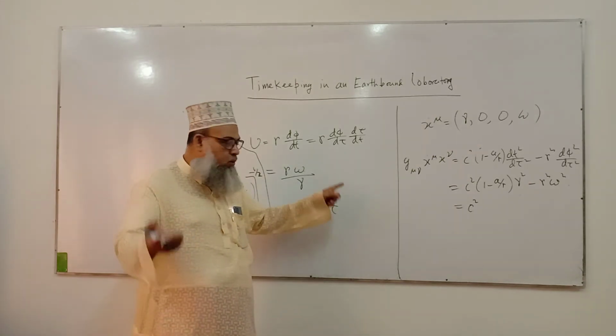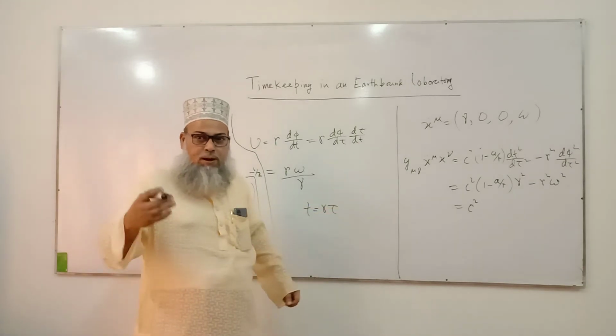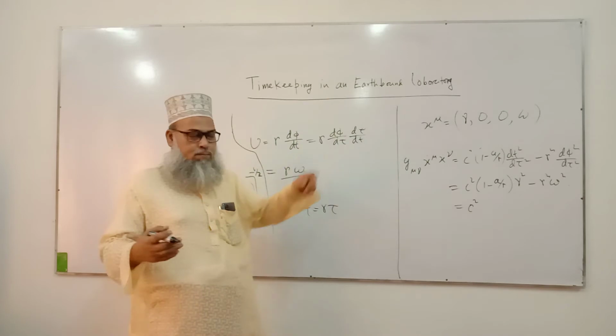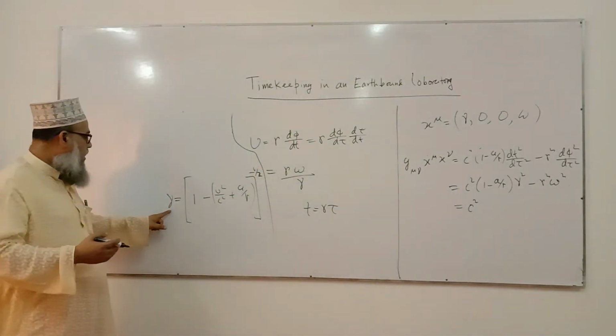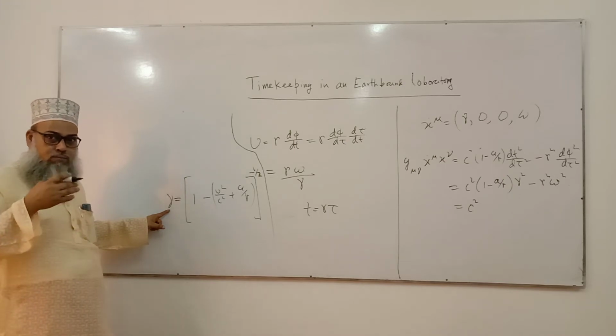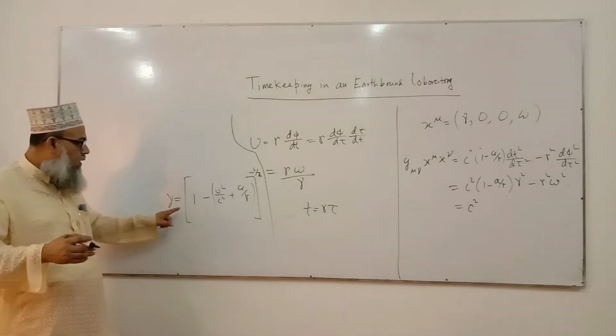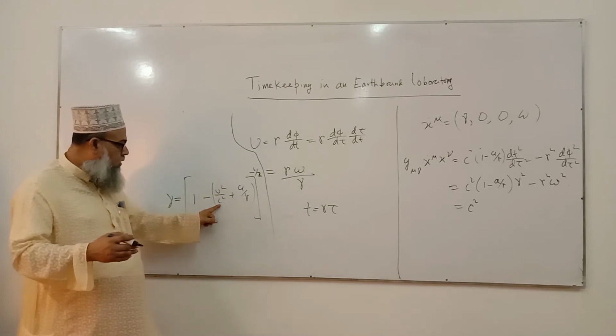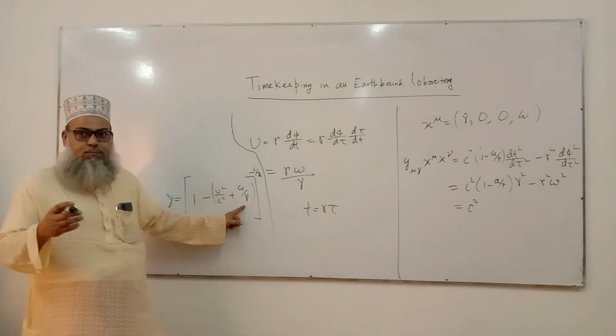Gamma is the factor by which the proper time is less than the time of the other observer. So the distant observer will see that the earthbound clock is slow, not only by 1 minus v squared by c squared, but a by r is also present.